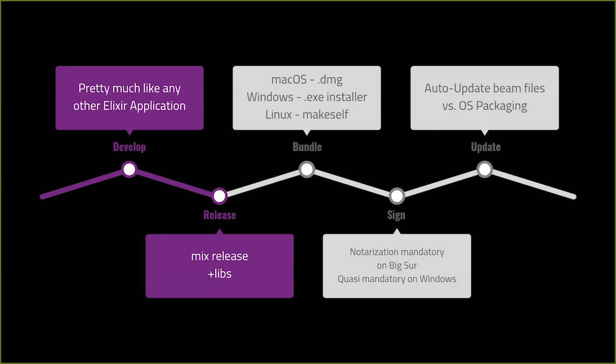And as long as you don't have any NIFs that you need to update, that's a path where you can just auto update, skipping the signing step, and directly ship out there. Otherwise, you have to go again through the OS packaging, or maybe, if you support a store, that path.